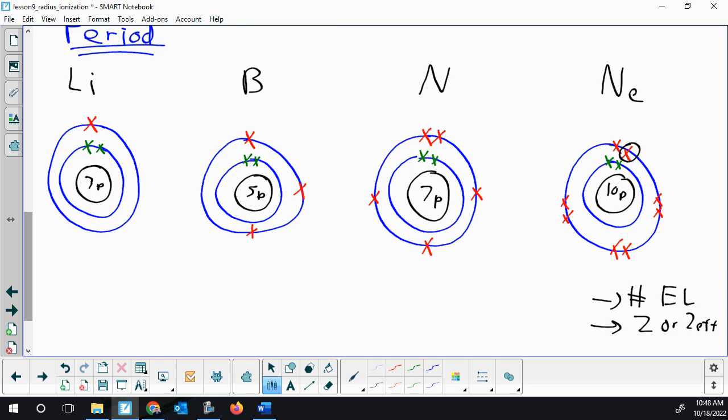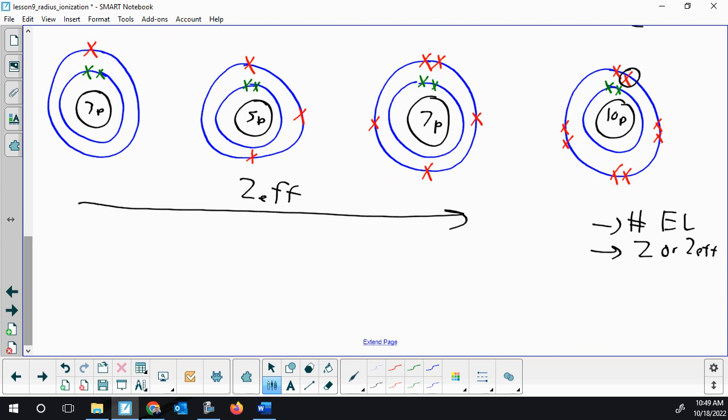So if we think of the second energy level for neon, it's got a greater pull on that energy level, so that's going to pull it closer. A greater pull would not repel. Protons aren't going to repel those electrons, they're going to shrink it. So the trend going across is that Z effective is increasing.